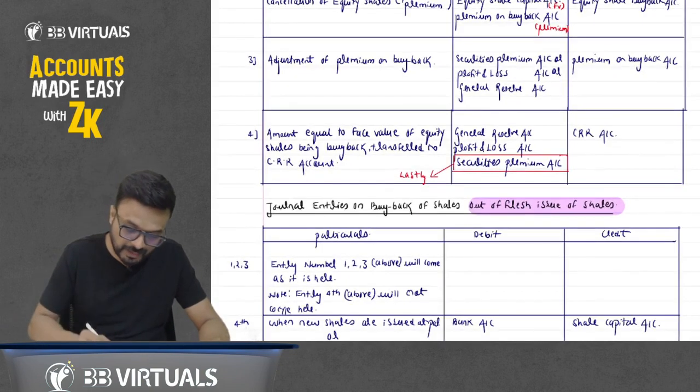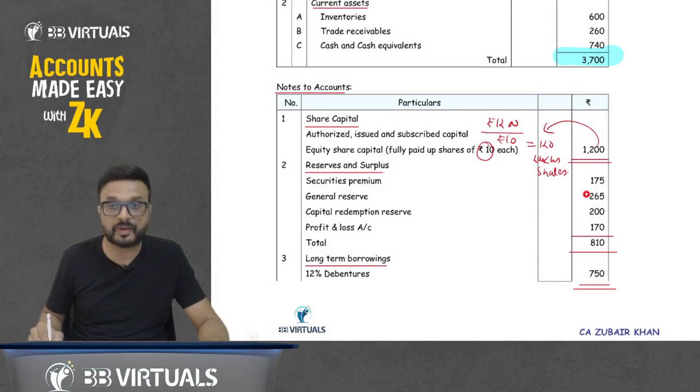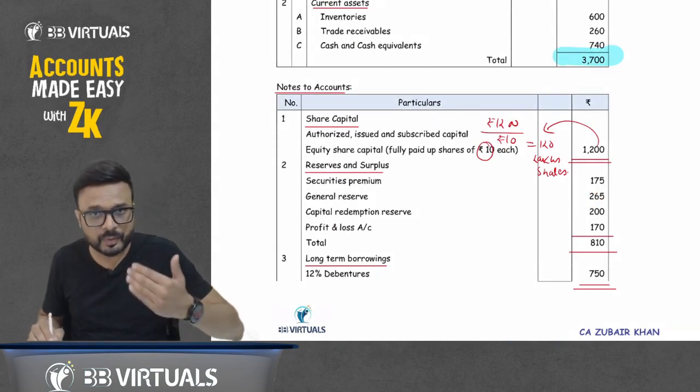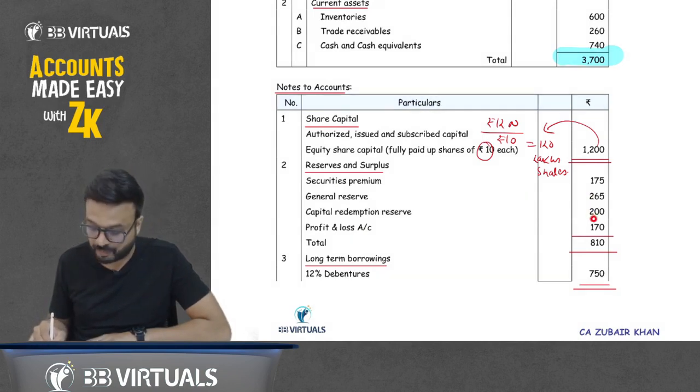Now in the question, do we have 300 in general reserve and P&L account? In note 2, we have a balance of rupees 265 in general reserve, and the surplus balance of P&L account is 170.